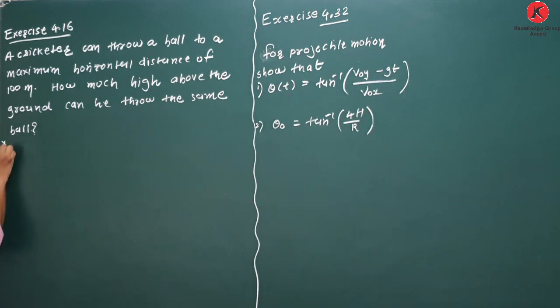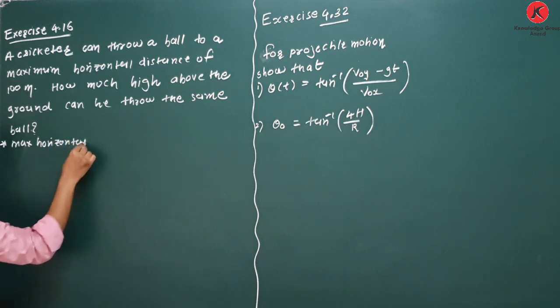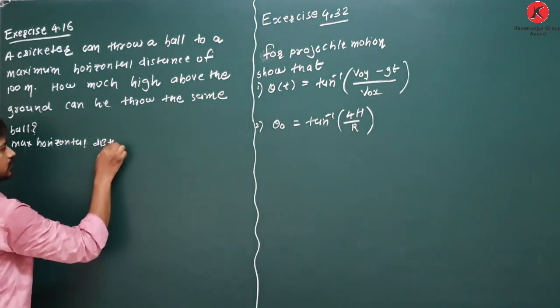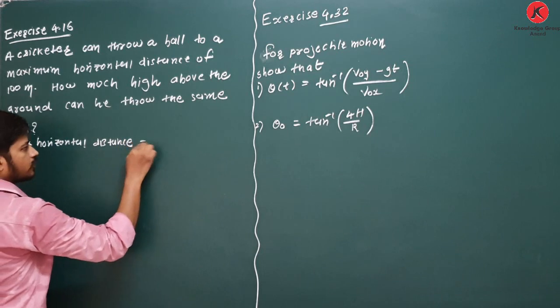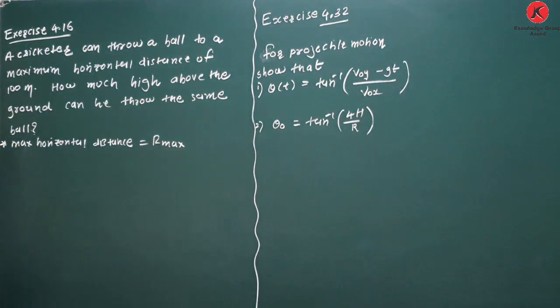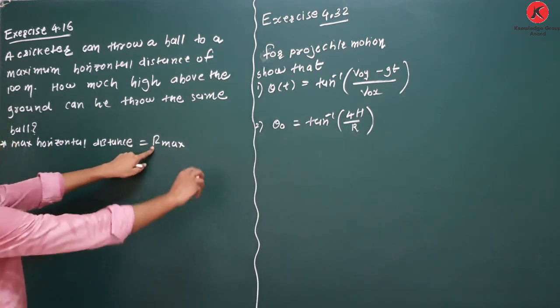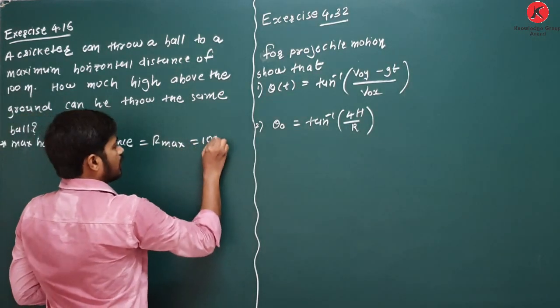Maximum horizontal distance is equal to R maximum. Maximum horizontal distance means maximum range. So yes, it is R maximum and is equal to 100.